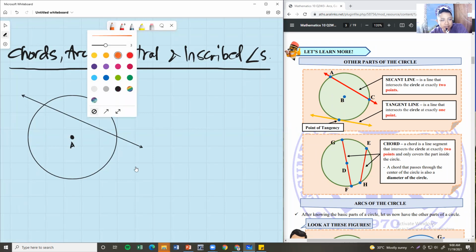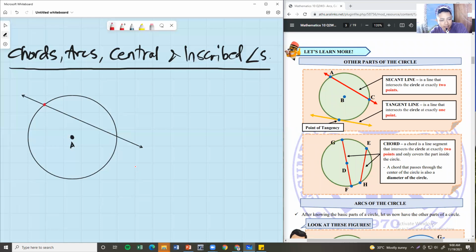So given this line, this point and the other point are the points that intersect this secant line and the circle. So this is what we call the secant line. Got it?